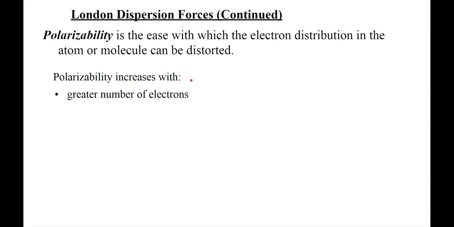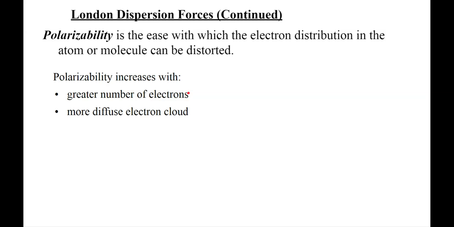Helium boils at 4 Kelvin, neon 27, argon 84, krypton 116, xenon 160, radon 202. Those are all very low temperatures, but still we see that as the number of electrons goes up, so does the boiling point.